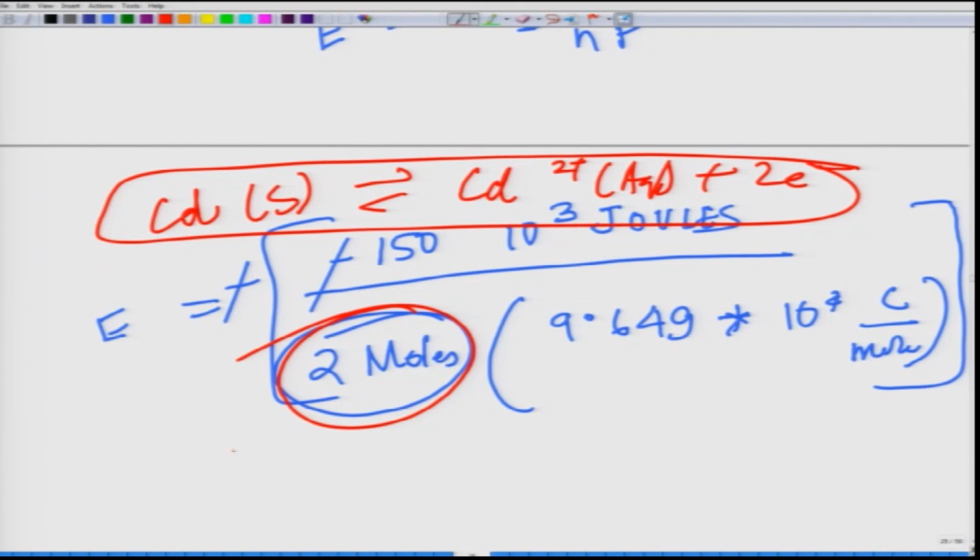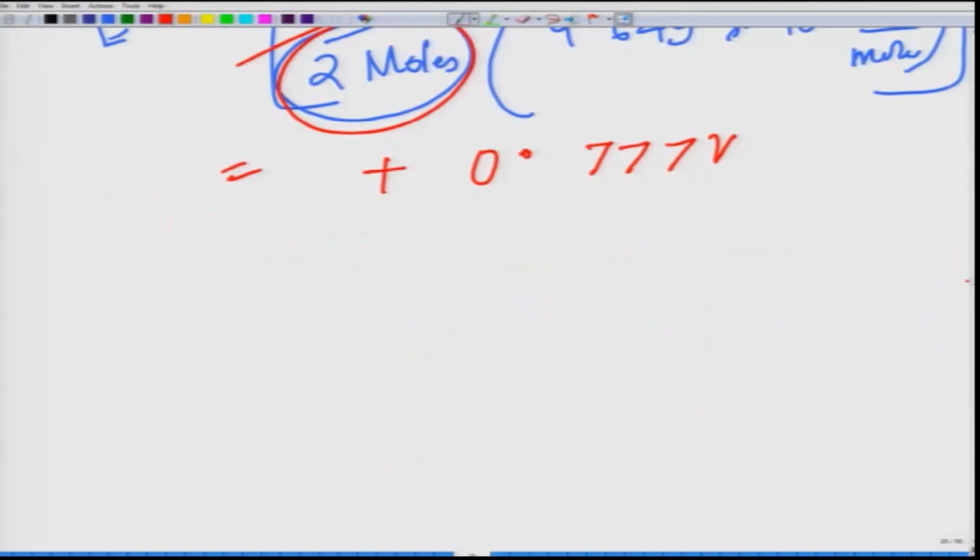So, minus becomes plus, and with 150 multiplied by 10 to the power 3, if you do this whole calculation by yourself, you will get plus 0.777 volt.